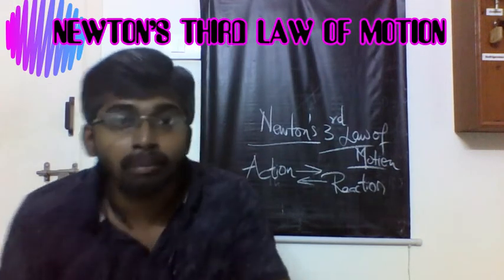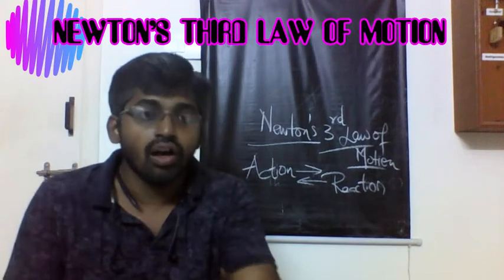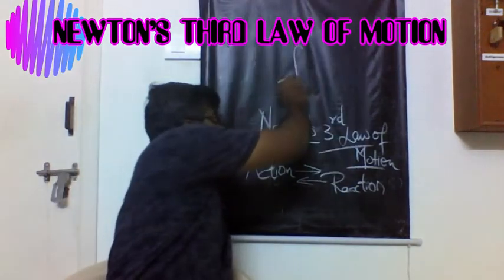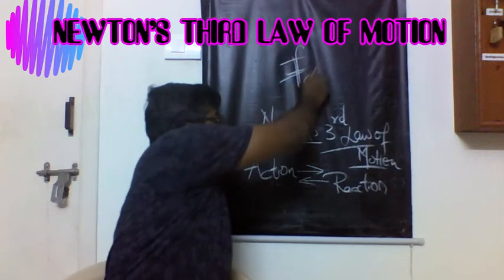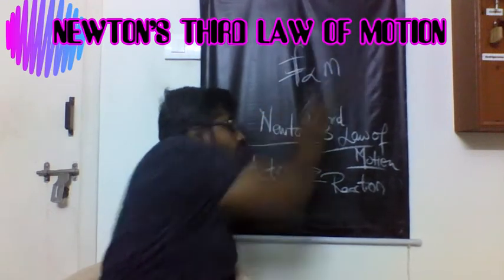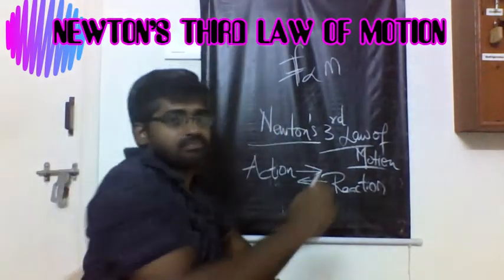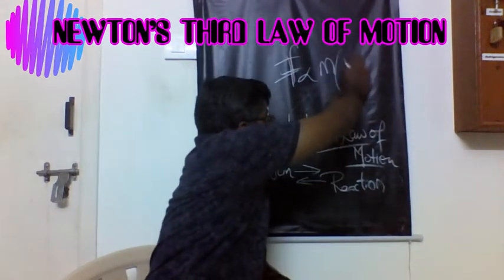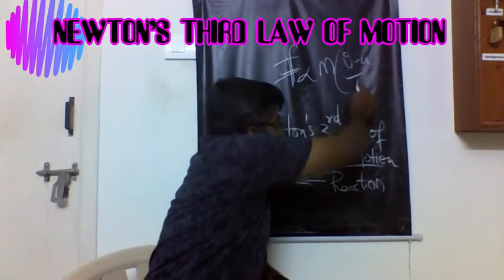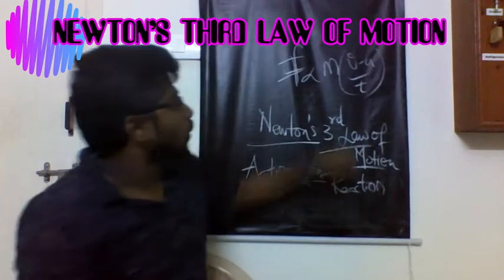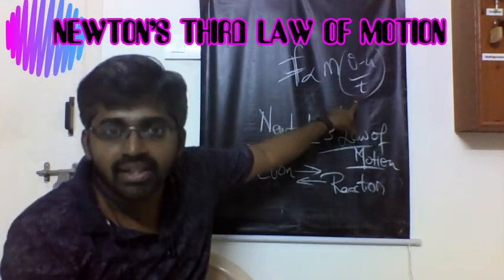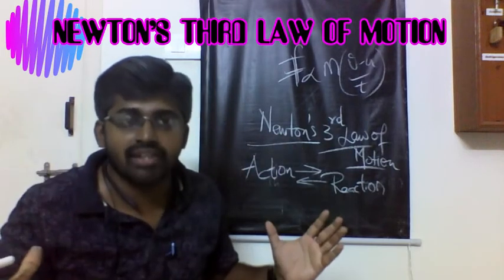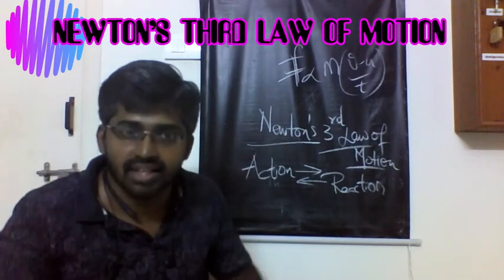You remember Newton's second law? F is directly proportional to mass into acceleration. This acceleration is (v minus u) divided by t, so it's inversely proportional to t. That means when the time is increased, the force is decreased.